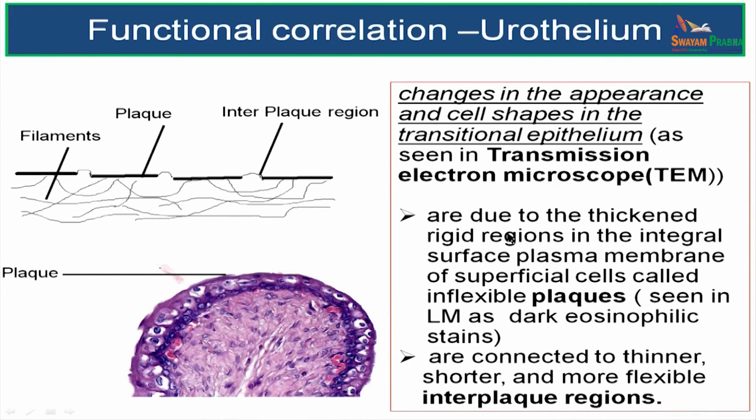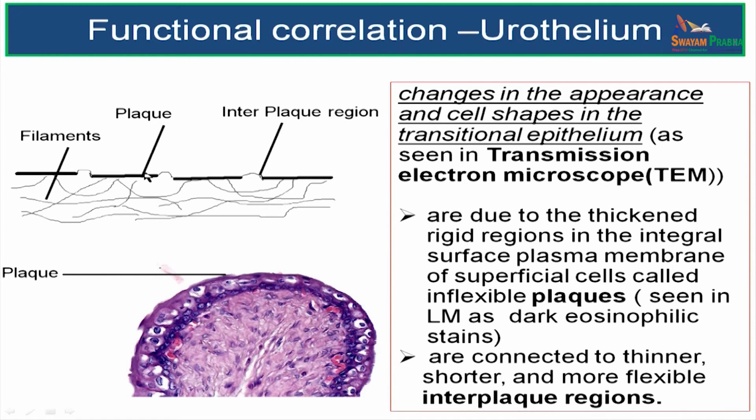The superficial cells exhibit thickened rigid regions in the integral surface of the plasma membrane called plaques. Just look at this diagram above. This is a diagrammatic representation of the superficial cells of the urothelium. The superficial cells have thickened regions called plaques.